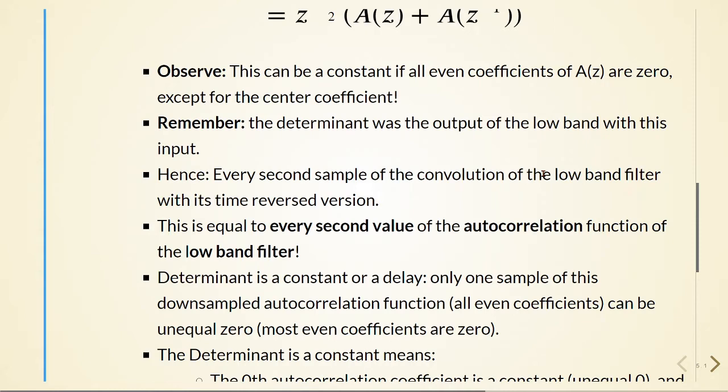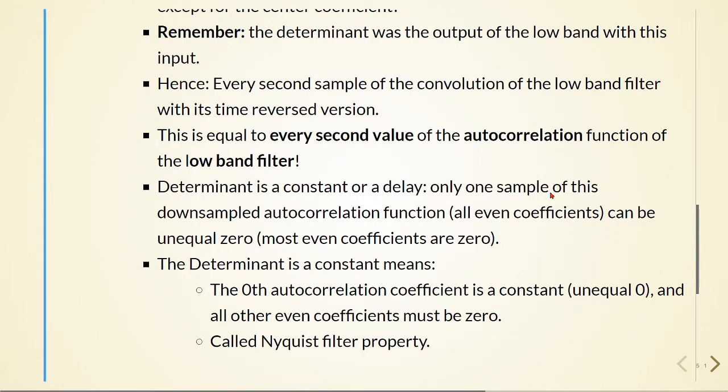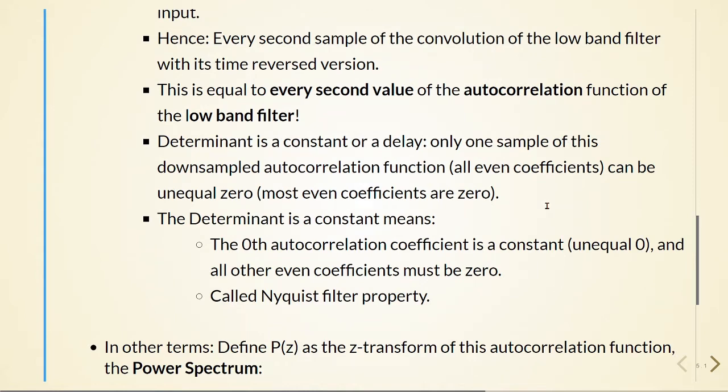Most even coefficients are 0. The determinant being constant means that the 0th autocorrelation coefficient is a constant unequal to 0, and all other even coefficients must be 0, and this is called the Nyquist filter property.